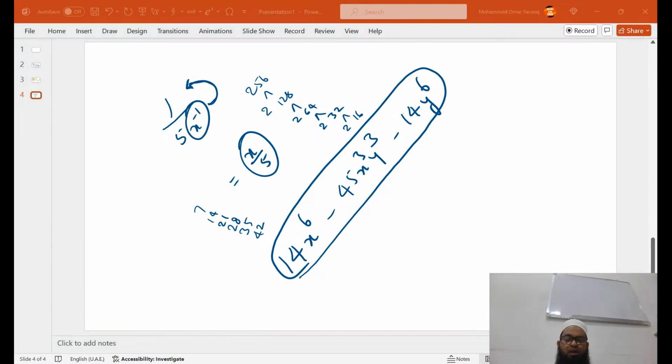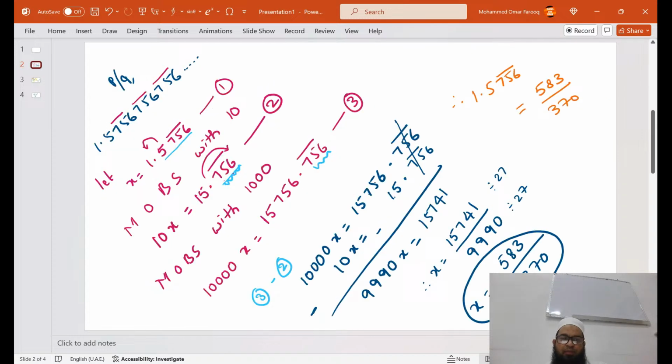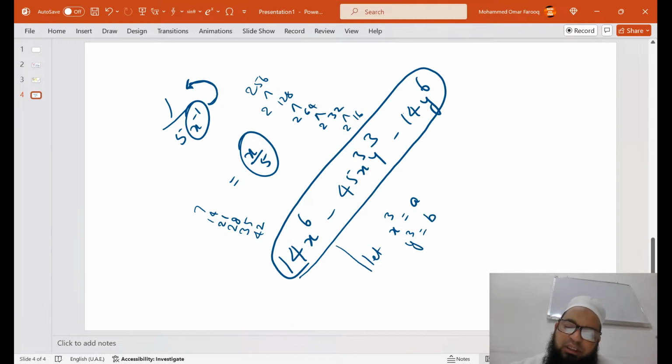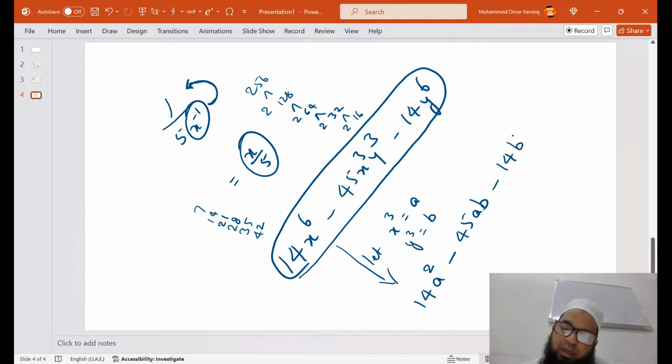Anyway, I wanted to explain these two doubts mainly, and this one is a good problem, because I'll tell you one shortcut. See, let x cube be equal to a, and y cube be equal to b. Then check how this expression is transformed. It is transformed into 14a square minus 45ab minus 14b square.